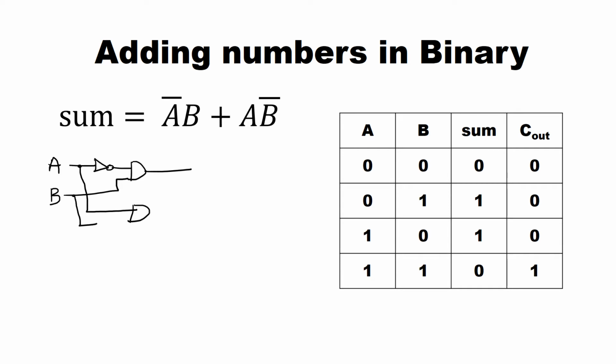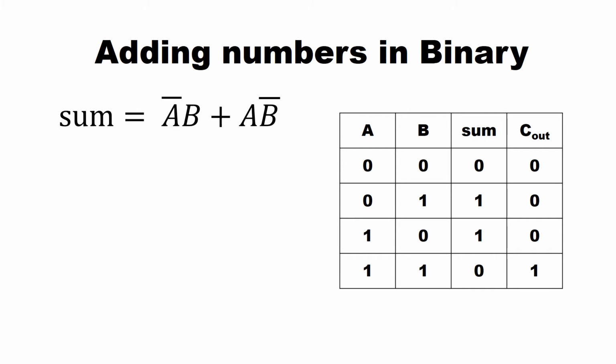Sorry about that. That is my not B going into my AND, and I'm going to OR the result. Well, that's not too bad. That is my sum of my single bit addition, A plus B is my sum.